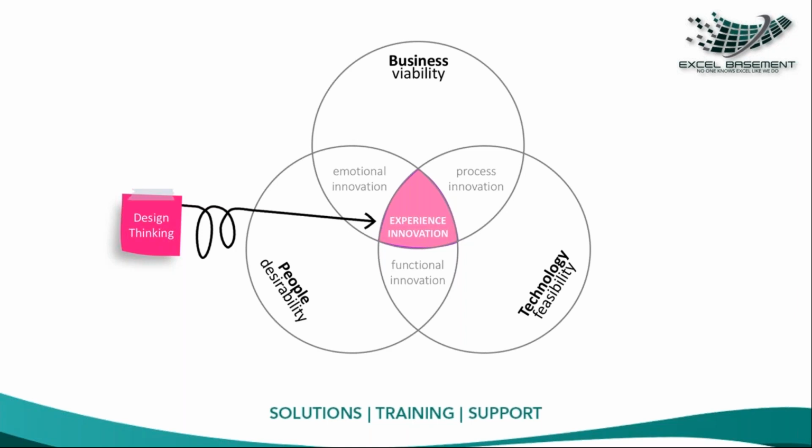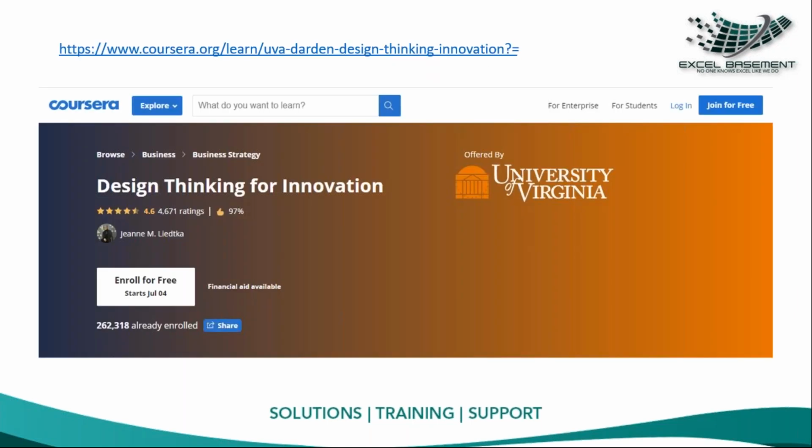The design thinking professionals, who are subject matter experts, are also available in organizations now. And if they are not, you can analyze the demand in the upcoming months. So if you are passionate and keen to learn more about design thinking, you can anytime go to the Coursera website, and on this link you will find this free course, and there are also a lot of paid courses available as well.